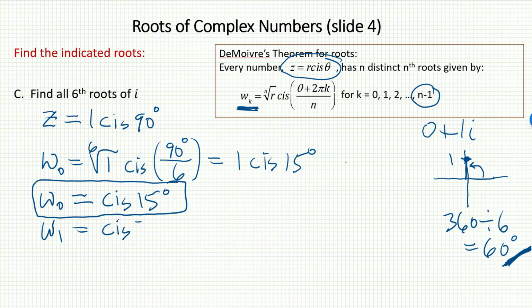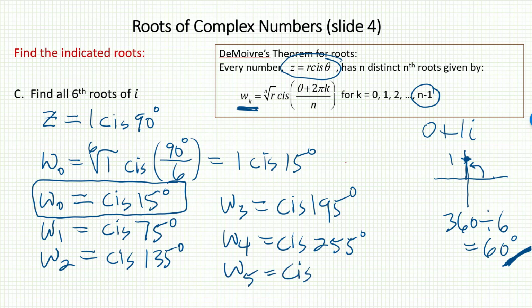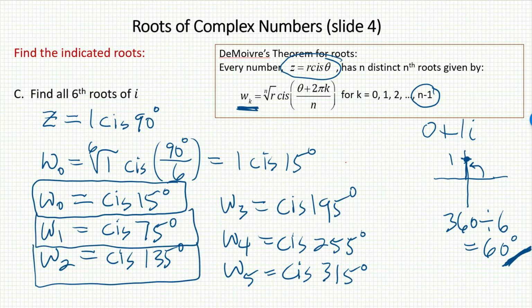All I have to do is add 60 degrees over and over and over. So I get 75, and then I get 135, and then I'd get 195, and another 60 would bring it to 255, and the final one is going to be 315. There are the 6 roots of that original number written in trig form.